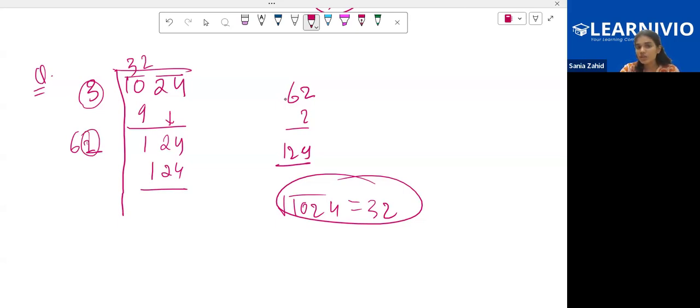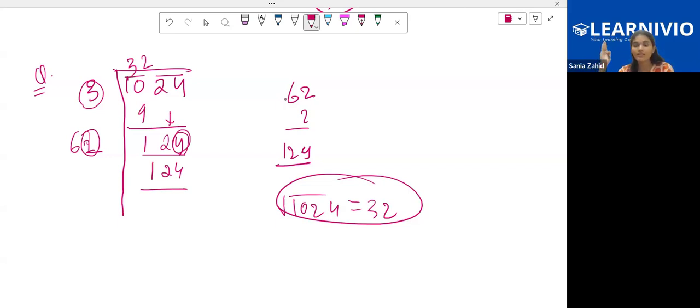See, think what you have to get. You want 124. What is the last digit of 124? 4. Now on squaring which number do you get 4 at last? 2. On squaring 2 you get 4. And is there any other number? See, 4 into 4 is 16.